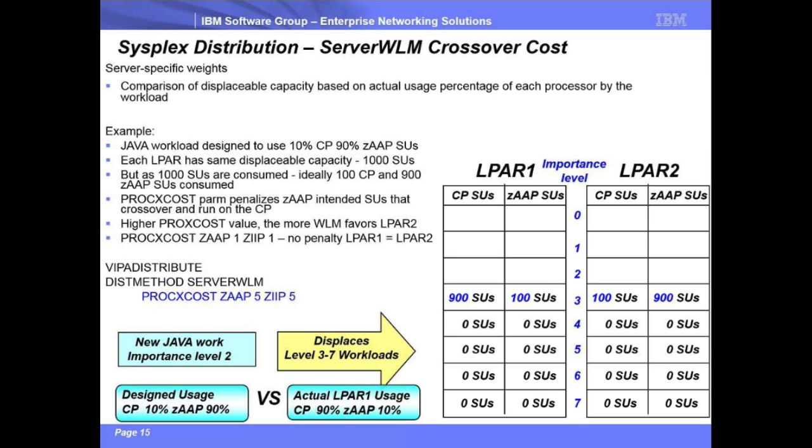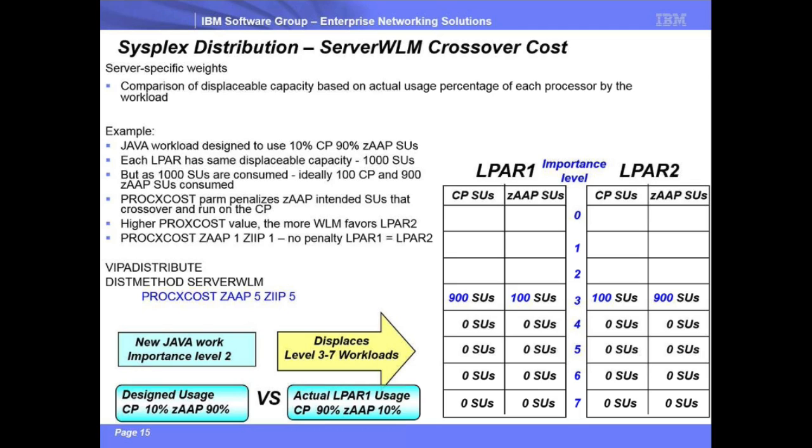With crossover cost configured, the comparison of displaceable capacity will consider the desired or actual use pattern of the processor by a workload against the available service units for each processor on each LPAR.